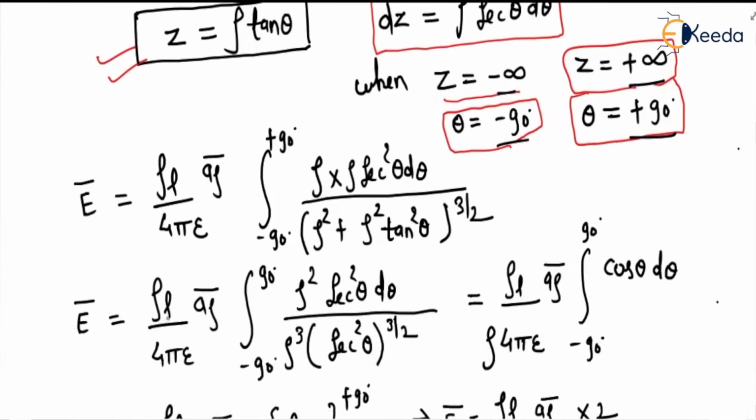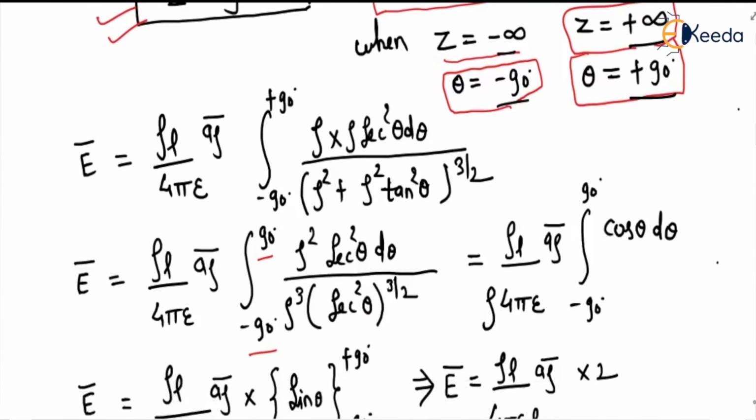Now the electric field E is equal to rho L upon 4 pi epsilon a rho, and the limit is minus 90 degrees to plus 90 degrees, rho square sec square theta d theta divided by, taking rho cube common, 1 plus tan square theta, which will be sec square theta, and its power is 3 by 2.